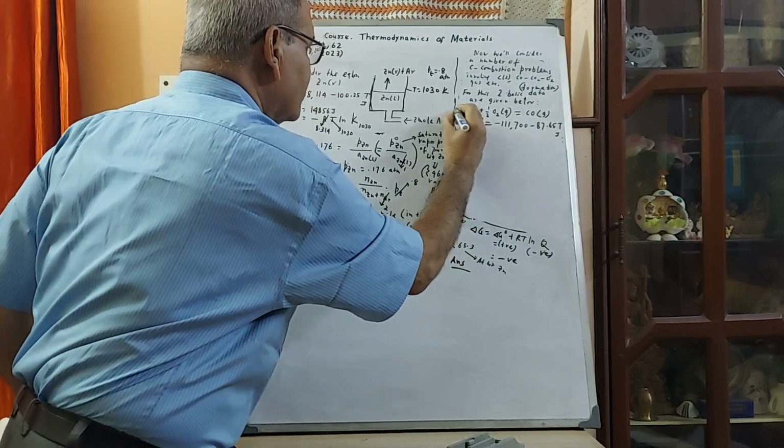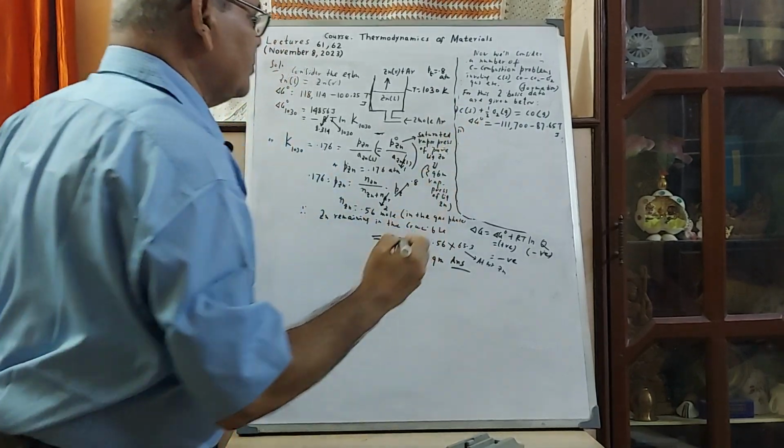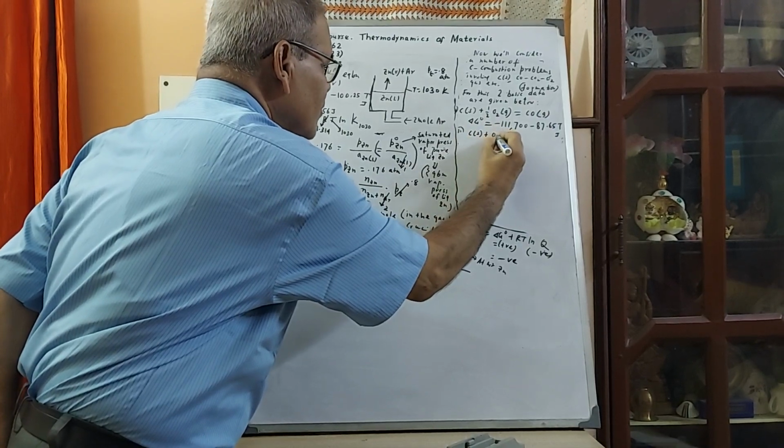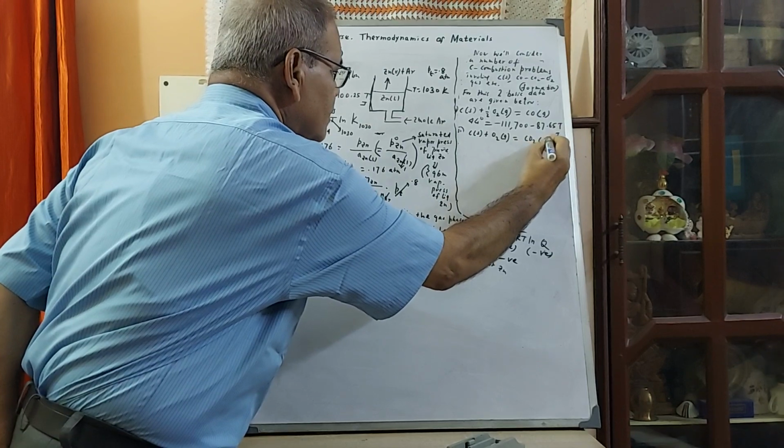Label this one. Second is what? What is next? Carbon dioxide. C solid plus O2 gas gives CO2 gas.